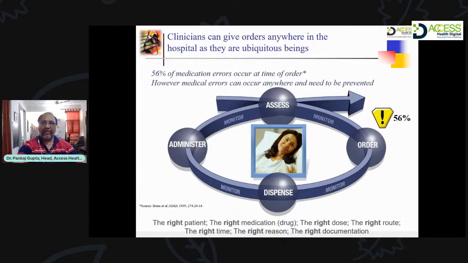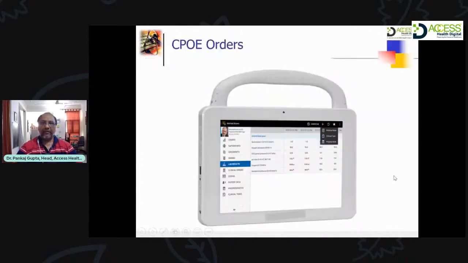How do you make that happen? So here is CPOE orders. To give CPOE orders, you have tablets. And in most of the hospitals, what is advised is tablets which can be sterilized, which can be sanitized. And these are hard tablets. If they drop, they don't break.